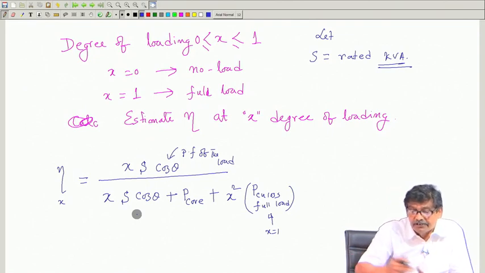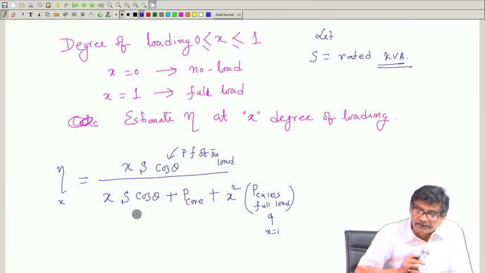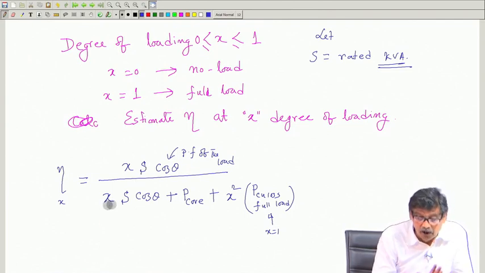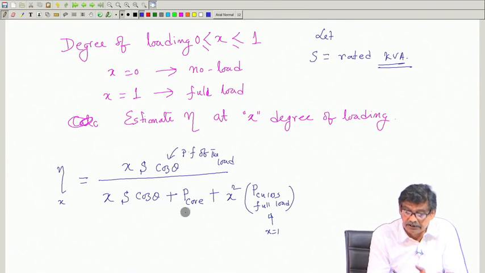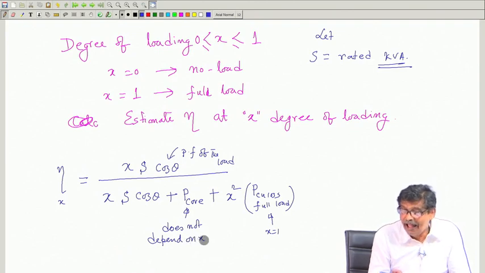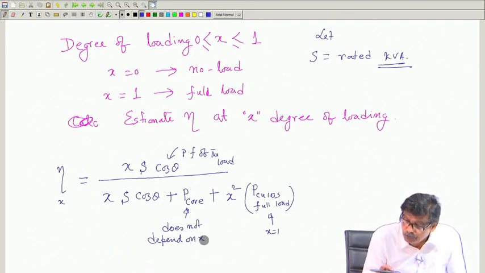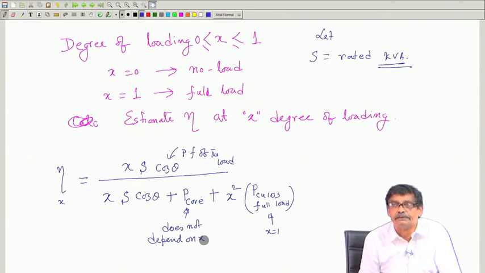So, output kilowatt is how much? Rated kVA it is delivering at a power factor of cos theta, into cos theta. So, output divided by output plus loss, where the loss has two parts. One is the fixed loss P core. It does not depend on x. And P copper loss at full load I have defined, at rated current the copper loss is this.